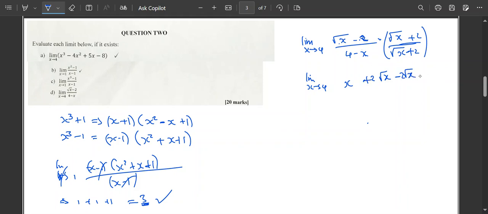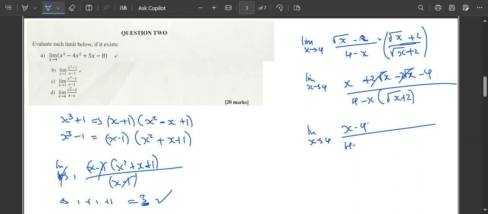Then this time that is negative 4. Minus x. Then open bracket root x plus 2. So we can see that this and this are going. So lim as x approaches 4 will be just x minus 4 over 4 minus x, open bracket, root x plus 2.